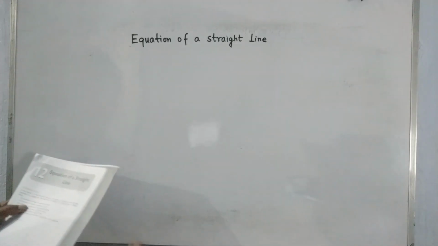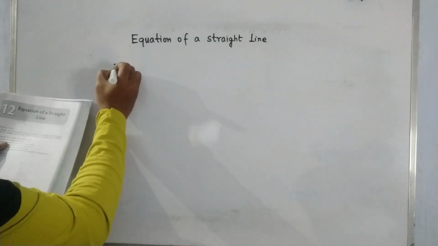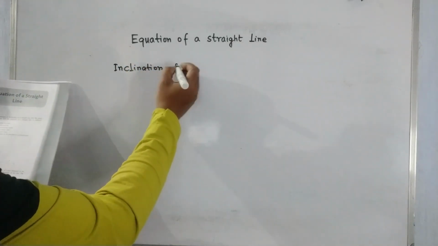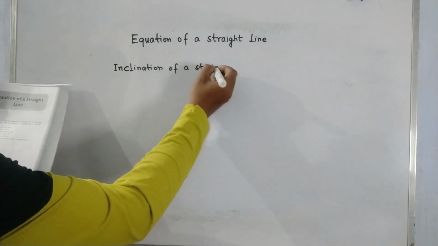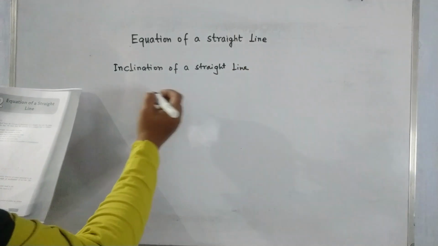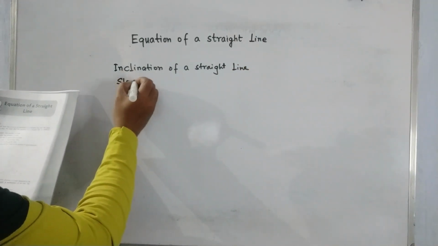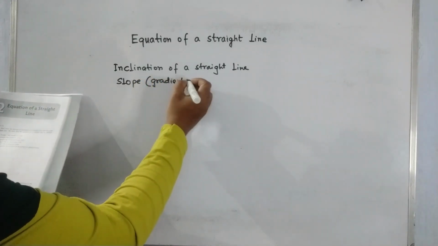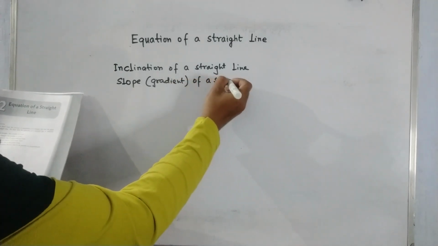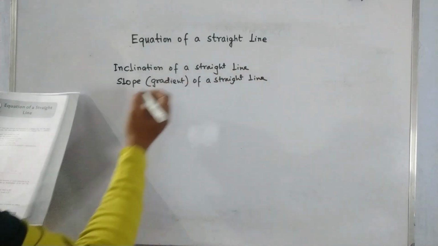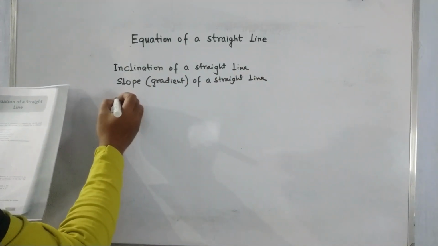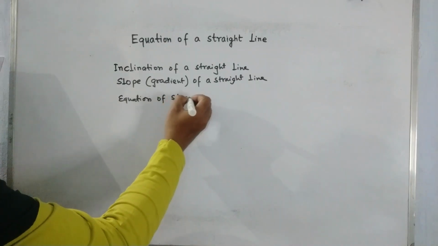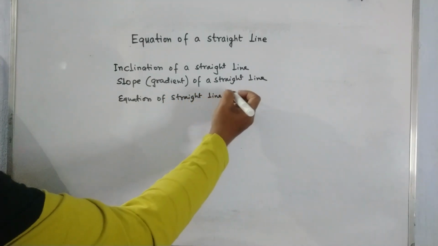In this chapter, we will discuss the inclination of a straight line, and the slope or gradient of a straight line, and finally we are finding the equation of a straight line in different forms.